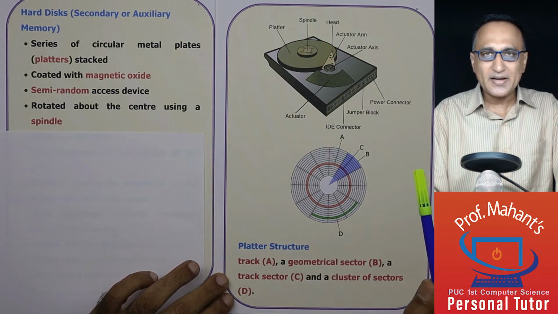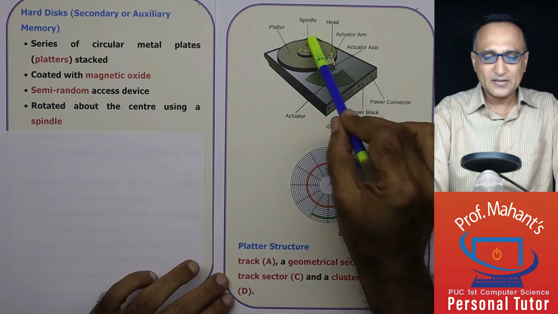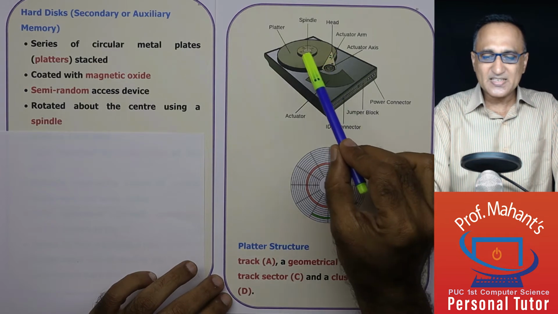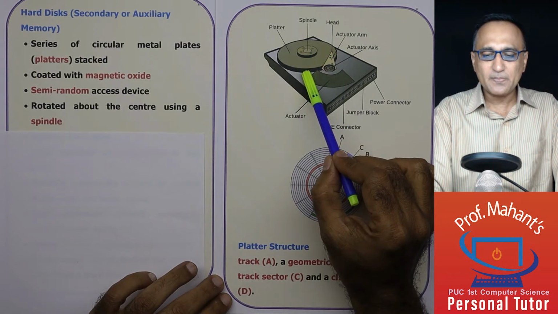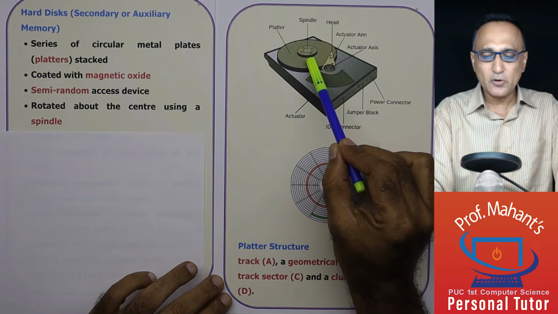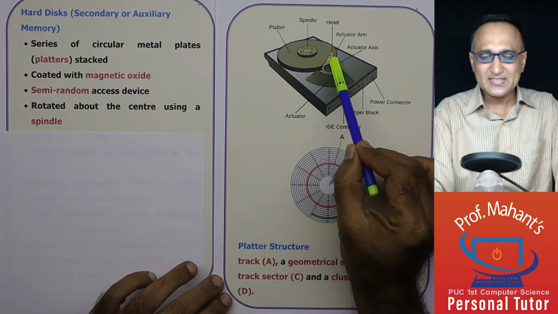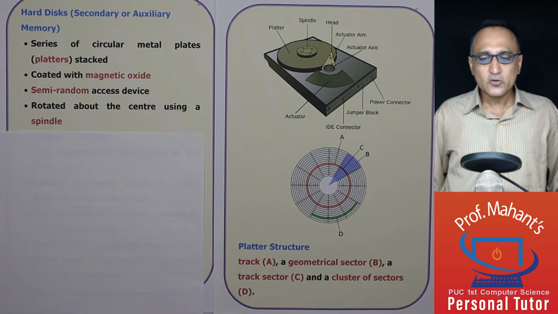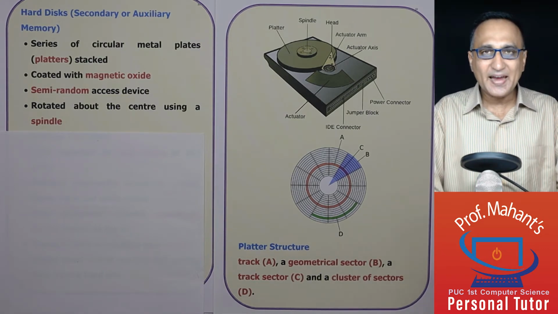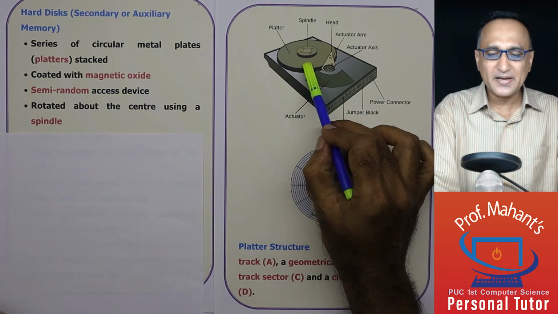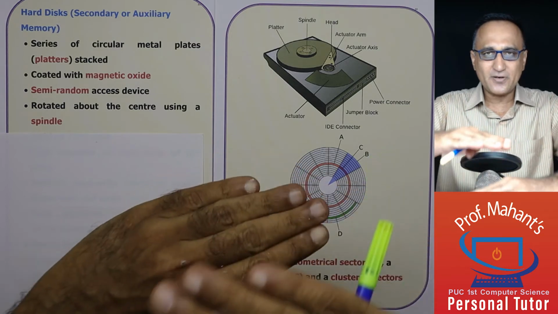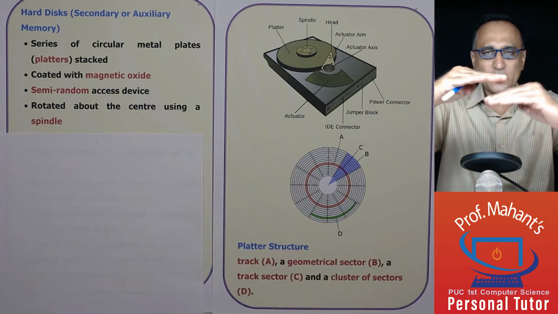Now in order to read and write data from that plate, you have a head. Since it's not one plate but multiple plates, below and above every plate there is a read-write head. So the read-write head allows you to read and write data from these plates or platters. Let me re-simplify it for you. It consists of a number of plates stacked one upon the other.